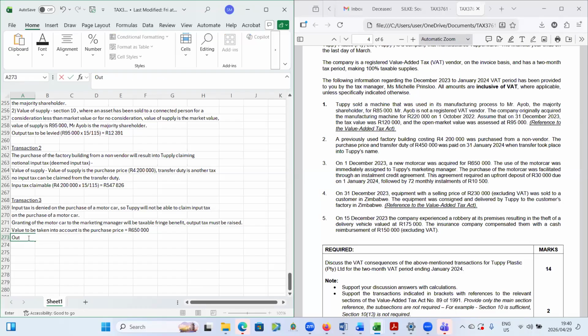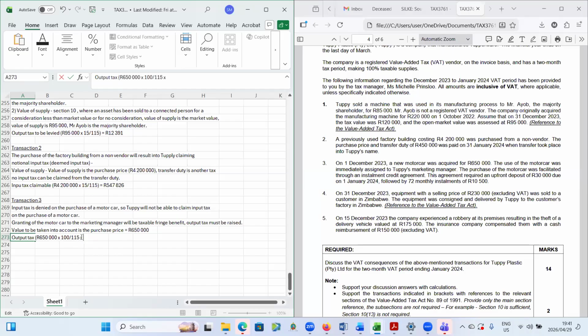So let's calculate output tax. The determined amount is 650,000 rand multiplied by 100 over 115. Why should we multiply by 100 over 115? Because the amount is inclusive of VAT. Yes. Remember, you want to get the determined value. Determined value must be cost excluding VAT. So when you multiply by 100 over 115, we actually want to get the purchase price excluding VAT.